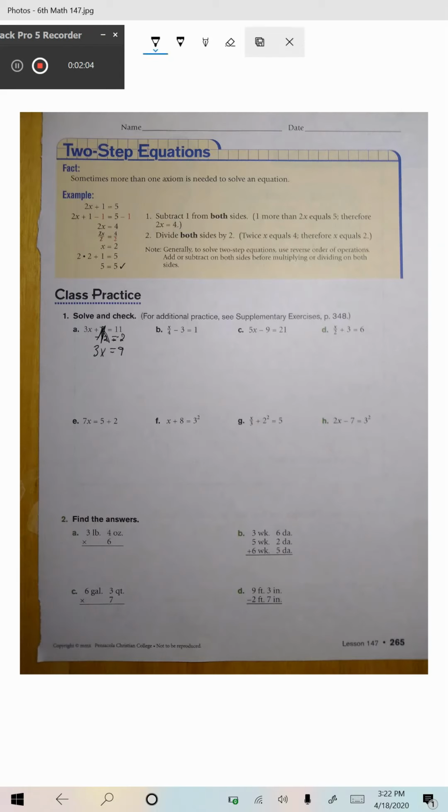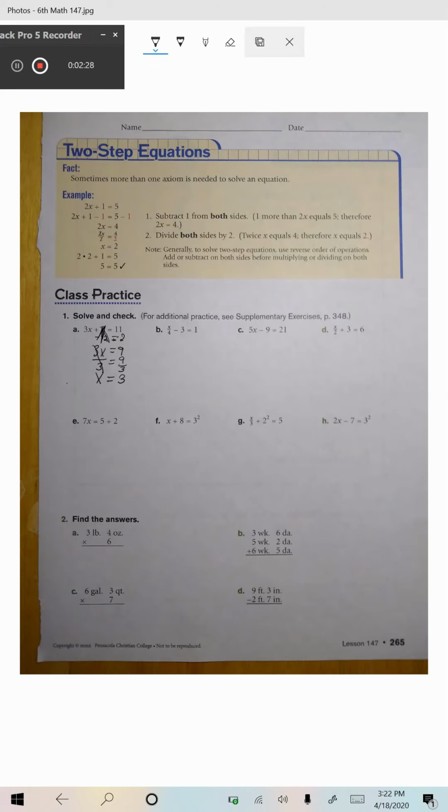Okay, now at this point, we're already to where we've already been in the past. So I know that 3 times x, I need to divide by 3, then 9 divided by 3 over here. Actually, I could have just put the 3 under the 9. This leaves x by itself. 9 divided by 3 is 3.